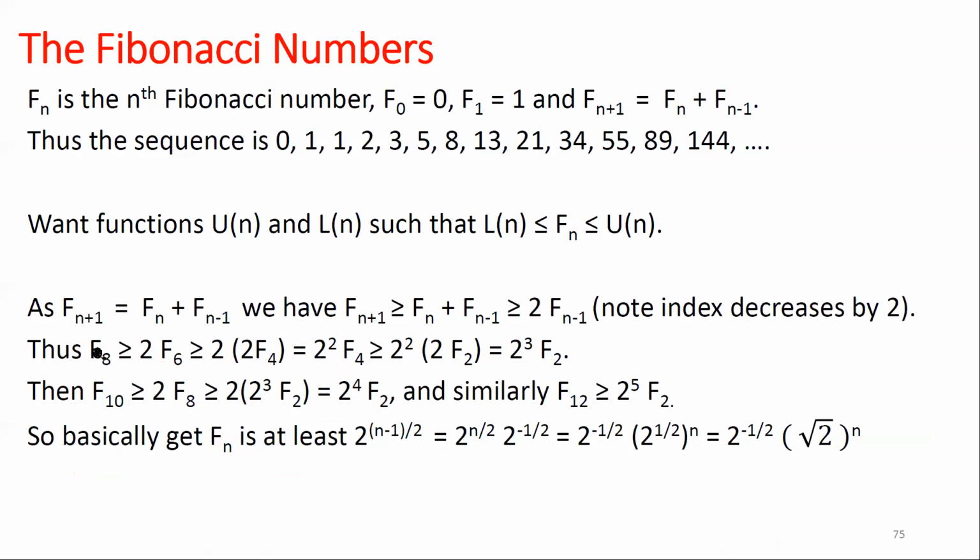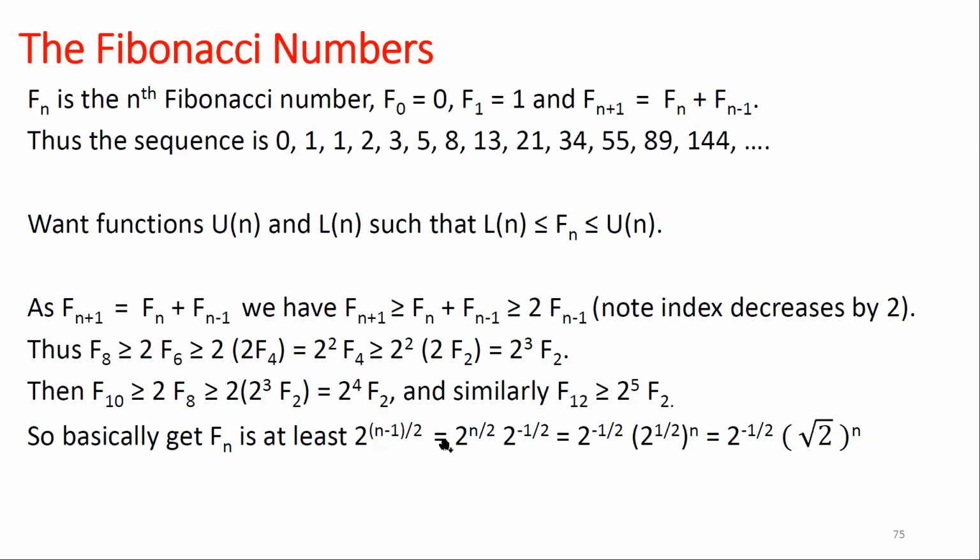Doing the same kind of algebra, you would get F8 is at most twice F6, and chaining this all the way down, you get at most 2 cubed F2. Similarly, F10 is at most 2 to the fourth F2, F12 is at most 2 to the fifth F2, and so after you do a little bit of algebra, you see that f_n is at least 2 to the (n minus 1) over 2.